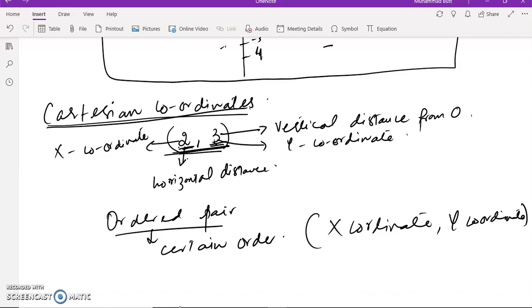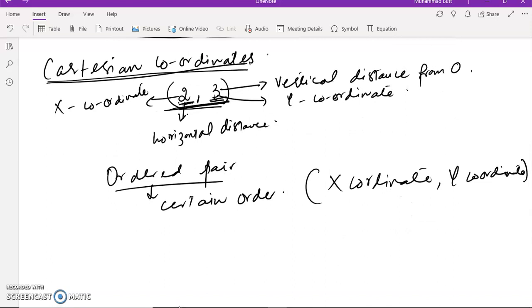Now the question is, how are we going to locate these numbers on the graph? 2 and 3.